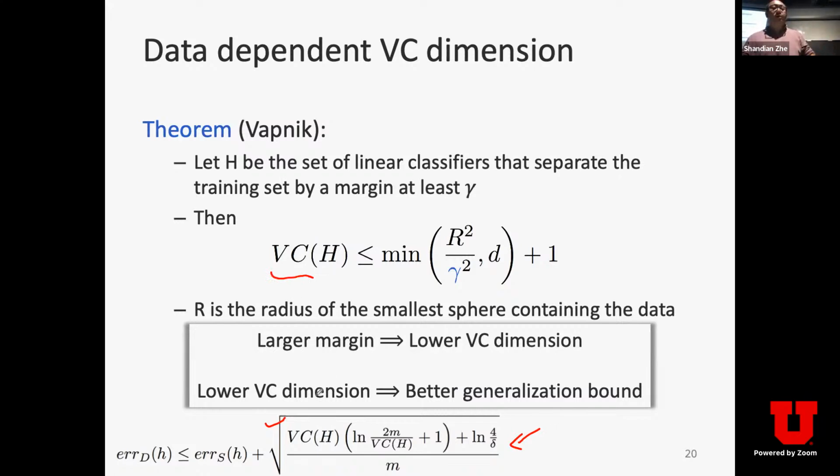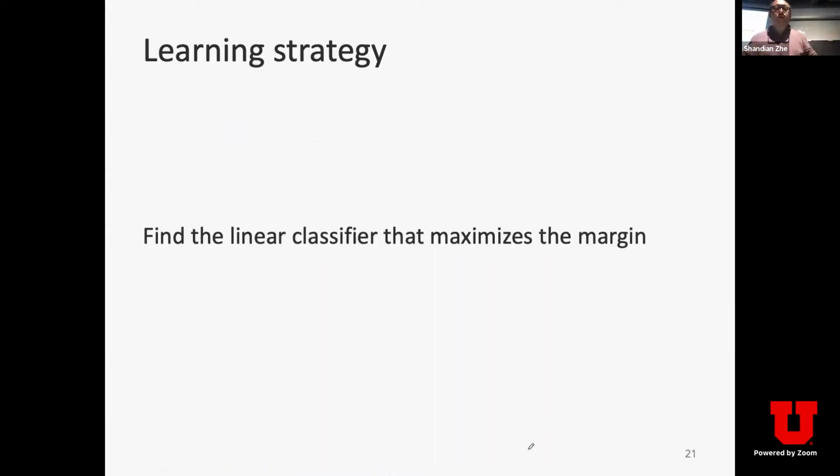It gives you the tightest generalization error bound, right? That means in training, we should find the linear classifiers that maximize the margin. That's how we are motivated to develop a new learning algorithm.